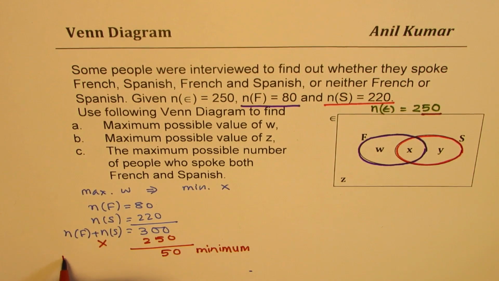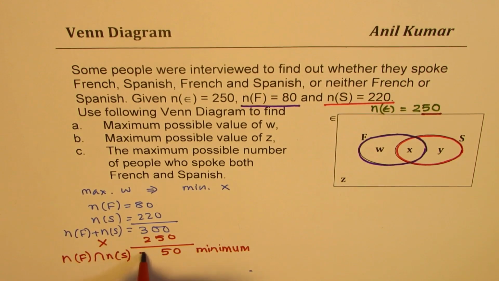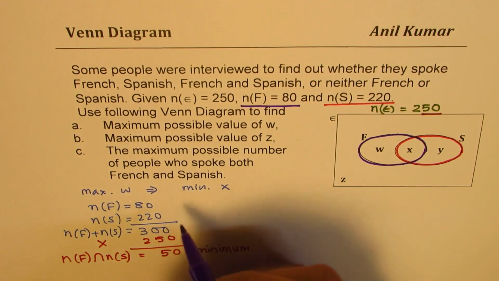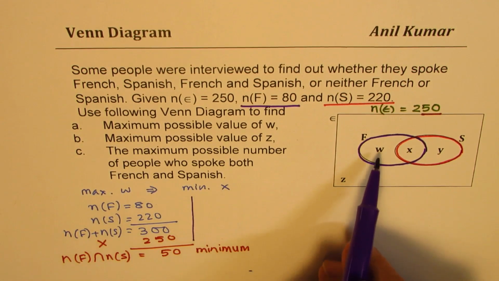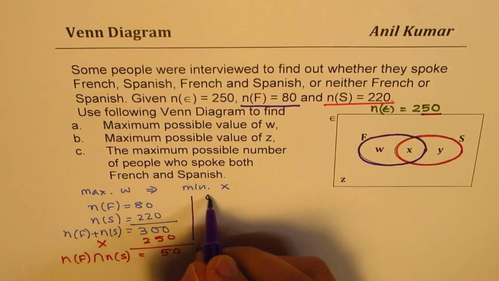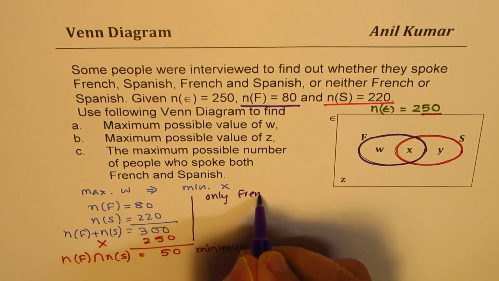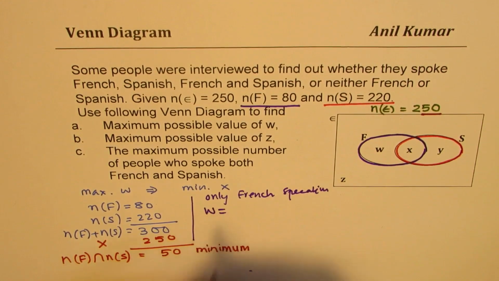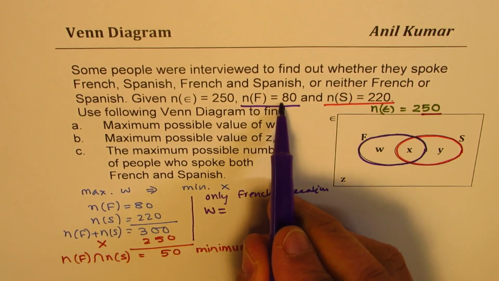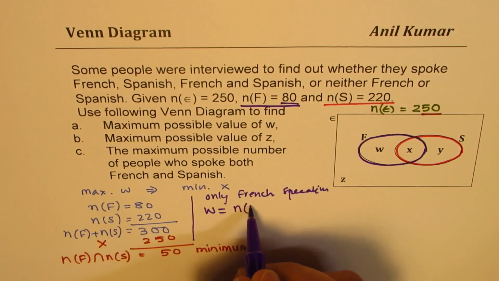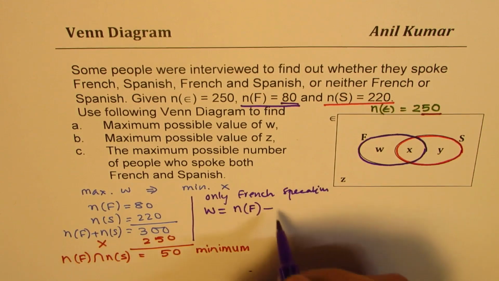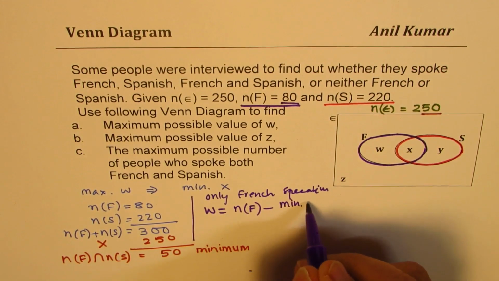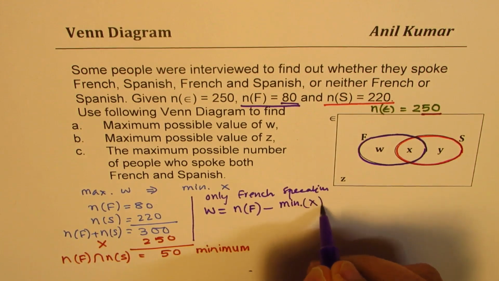So both, let me write French intersection Spanish. That should be 50, right? Now, as we found in our logic, for maximum W, that means only French speaking, which is W. From the total French speaking, which is 80, let me write N of F minus the minimum value of X, correct?